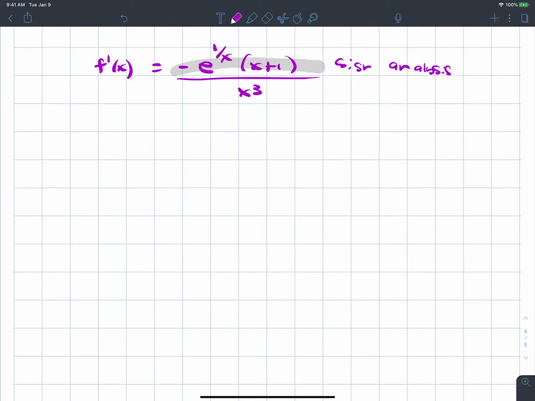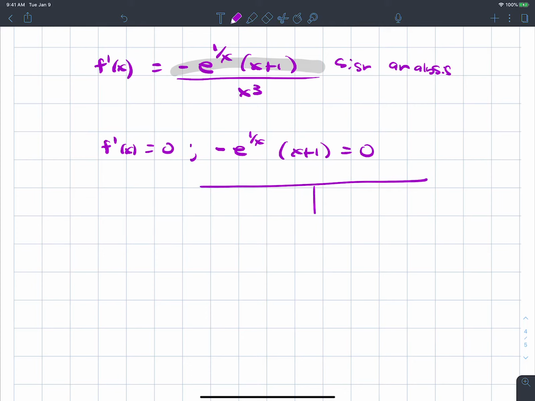So f prime of x is 0 when minus e to the 1 over x times (x plus 1) is 0, and that means two things. Minus e to the 1 over x is 0, and this never happens. And x plus 1 equals 0 happens when x is negative 1.